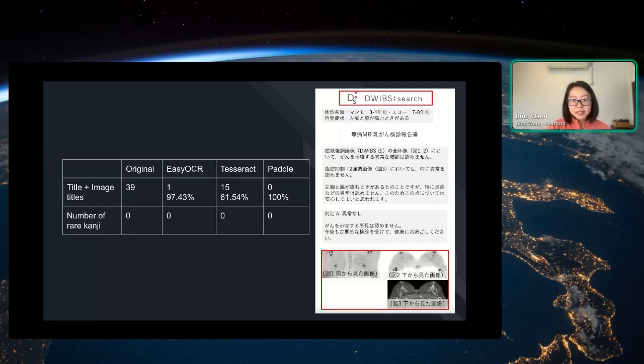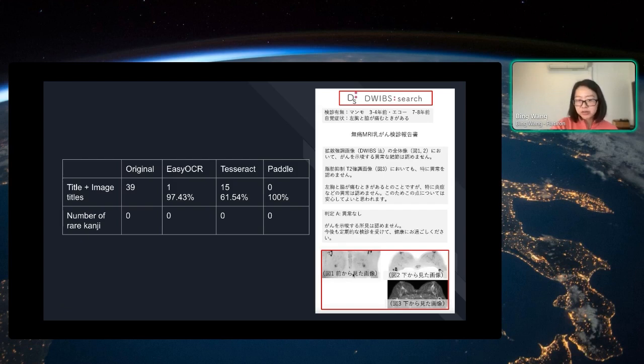By the way, the number you see on top here means the number of mistakes that the converted text has, and this is the length of the original text body. Tesseract did a pretty disappointing job for this one. What happened is that for the text that's overlaid on top of the images, it failed to detect and realize that these are text.